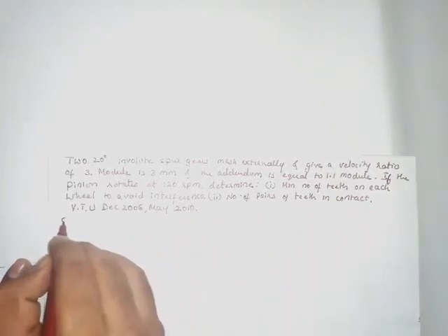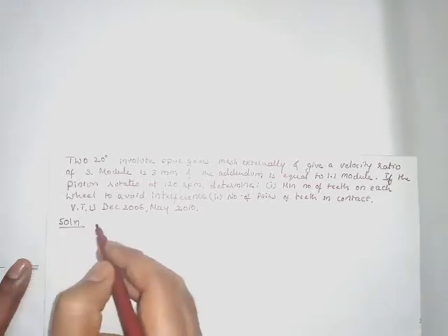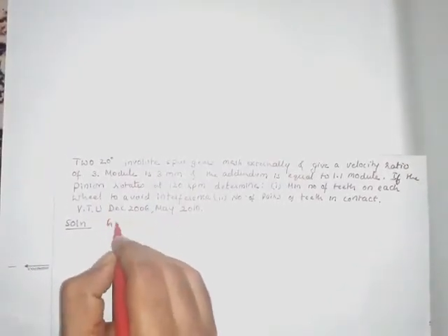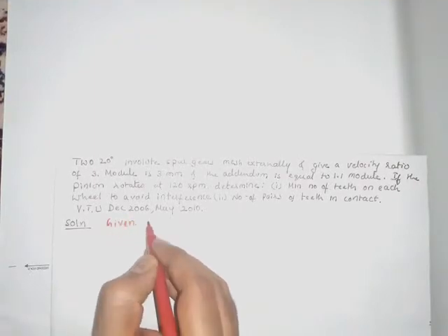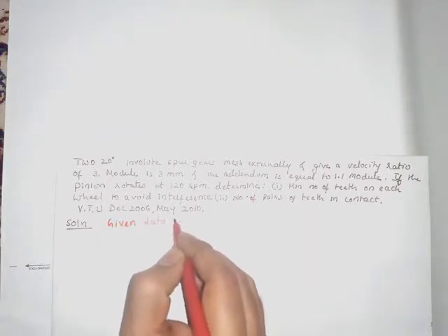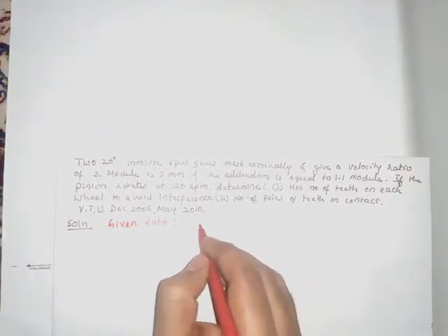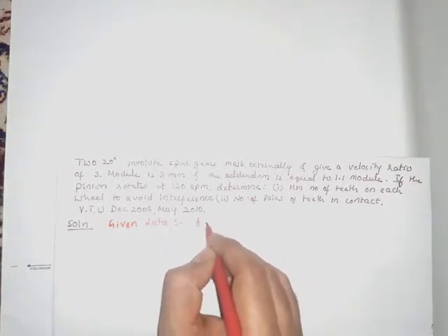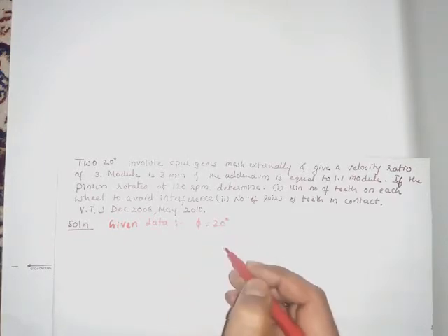So we will resume the solution. Given data are, we list out one by one. So the first parameter which is given is phi equal to 20 degree.